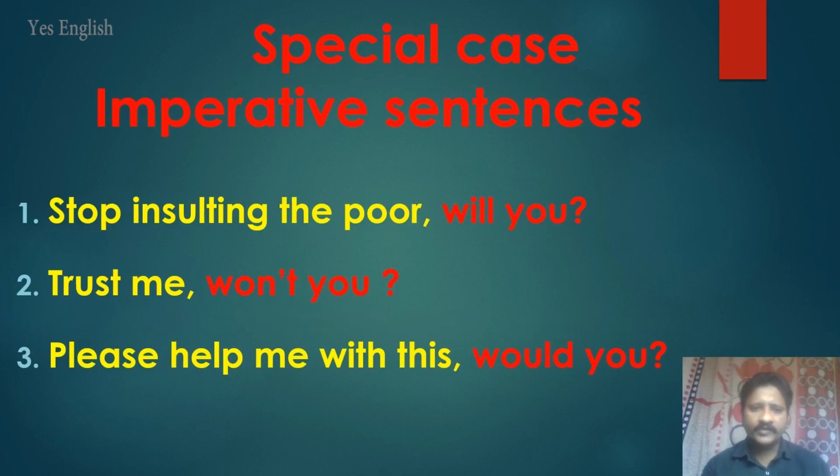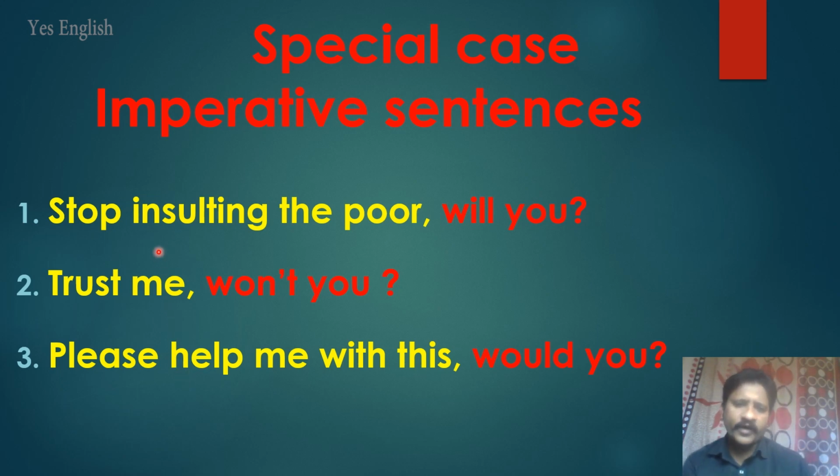And the next special case is with these kind of sentences which are examples of imperative sentences. Okay, imperative sentences can be a command or an order or a request or a suggestion or a reminder or a warning. All these sentences, you might have noticed, there is no subject at all, because they begin with a verb or the requesting word.